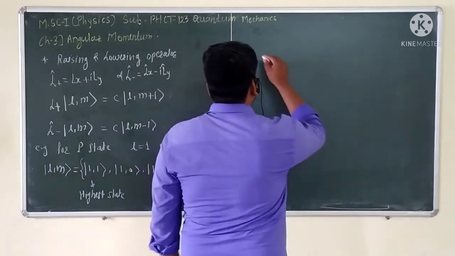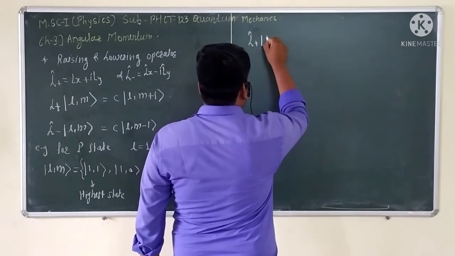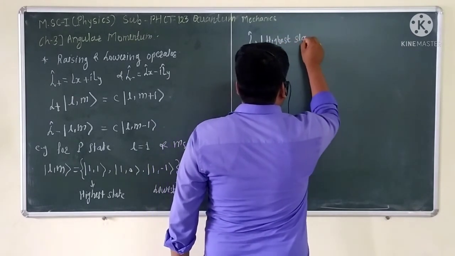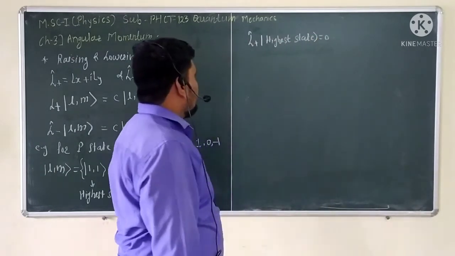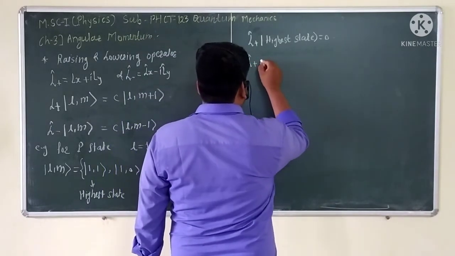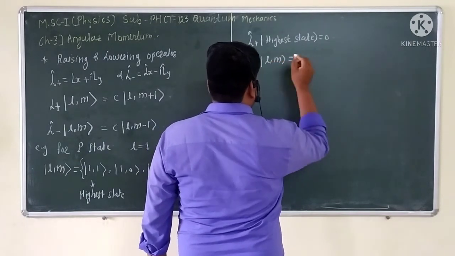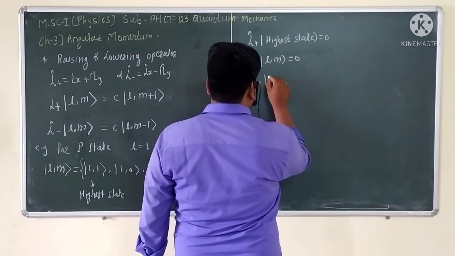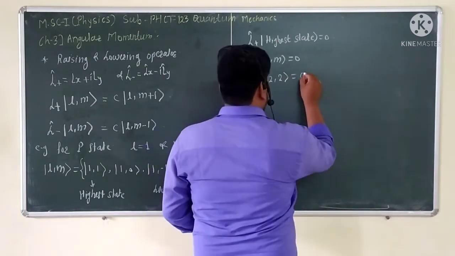For example, L plus acting on the highest state is equal to 0. That means L plus cap on L comma m is 0, or if L plus cap operates on the state 2 comma 2, the highest state, it is equal to 0.